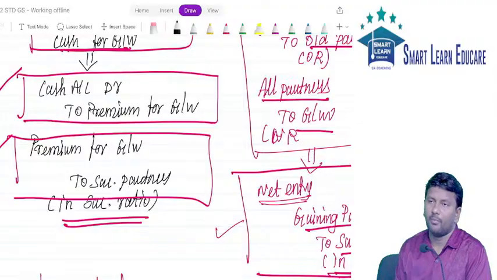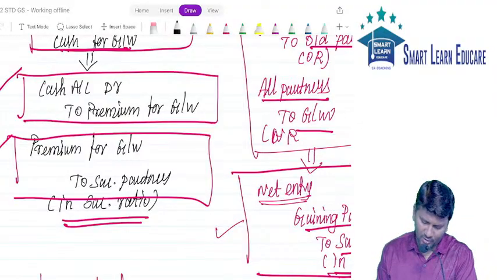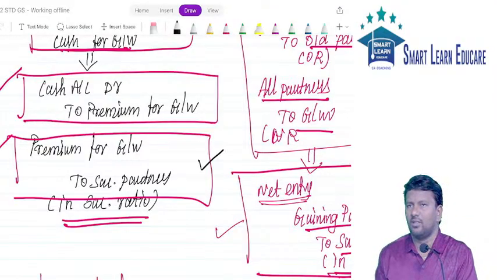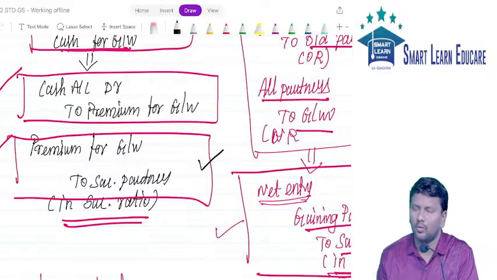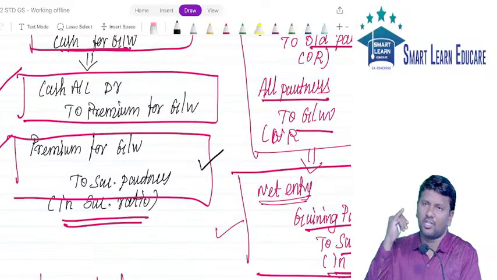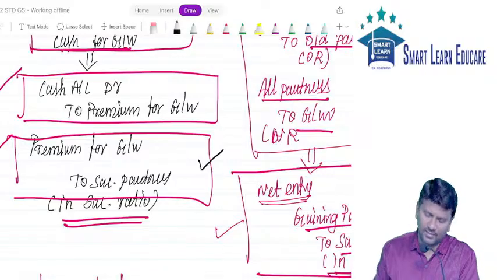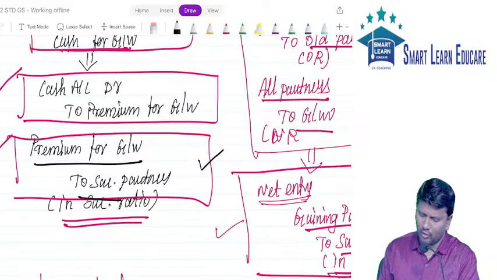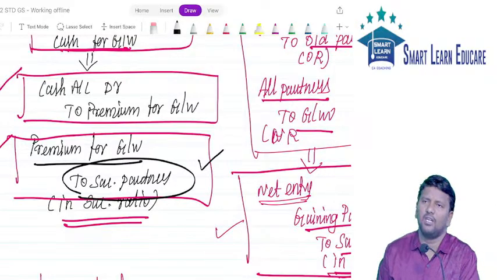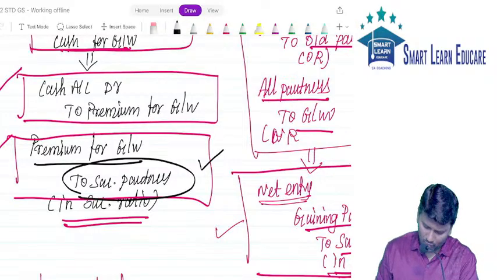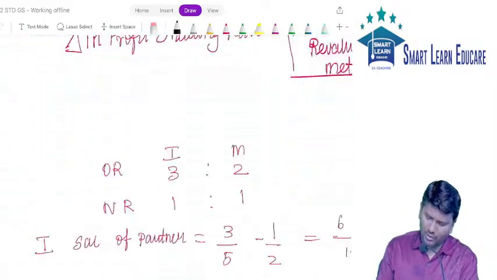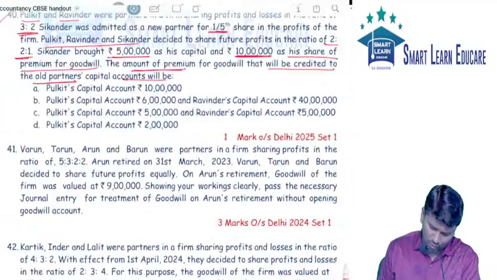Second entry, premium for goodwill account debit to the sacrificing partner in the sacrificing ratio. So again we require the sacrificing ratio. How to solve this?